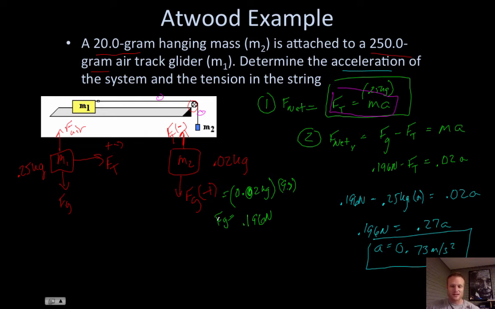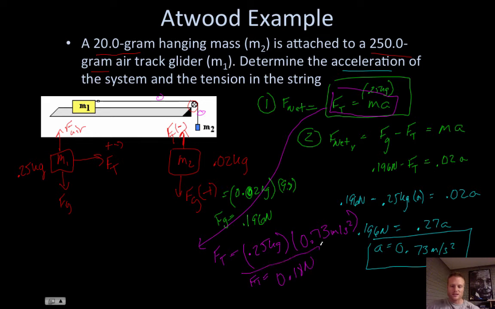So F sub t equals the mass, 0.25 kilograms, times A, which we just calculated was 0.73 meters per second squared. If you do that, you get 0.18 newtons. Not a huge force, obviously, but 0.18 newtons of tensional force would be in the string. All right, and we just solved an Atwood problem.